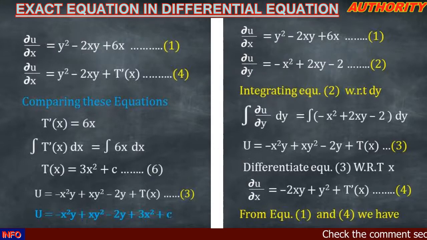Now let's rearrange this very well. So u is equal to xy squared minus x squared y plus 3x squared minus 2y plus c.